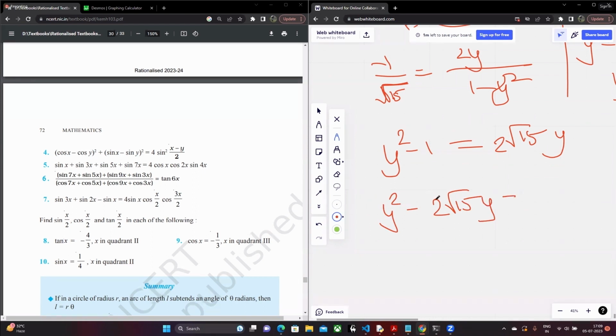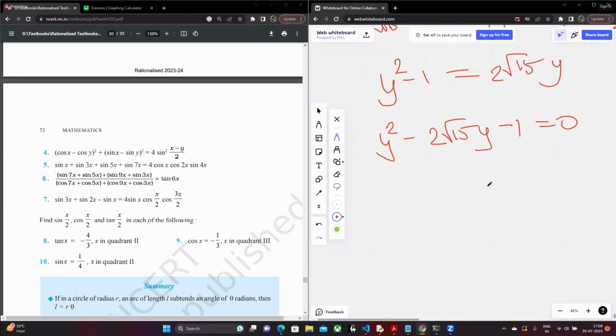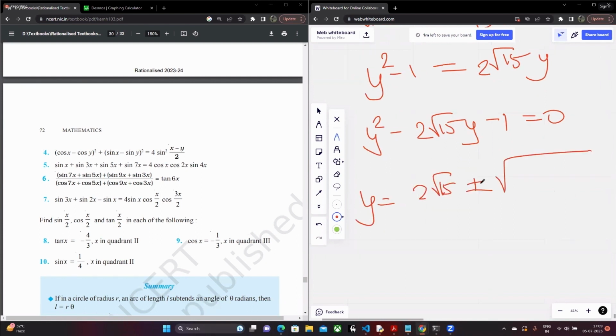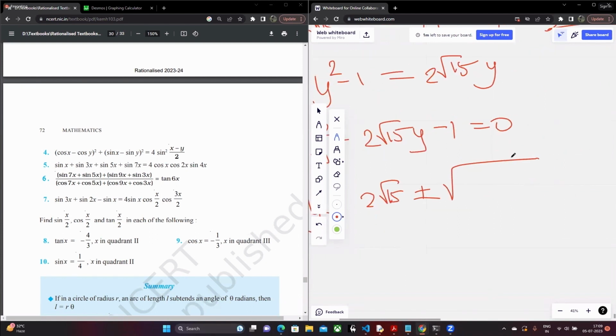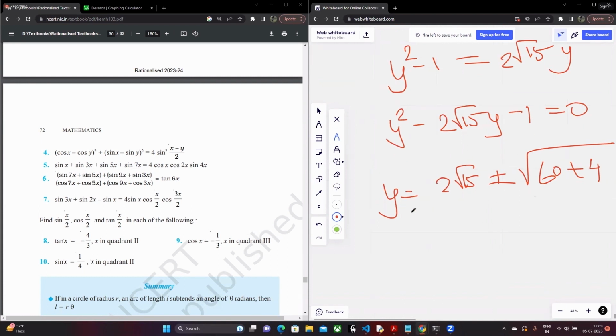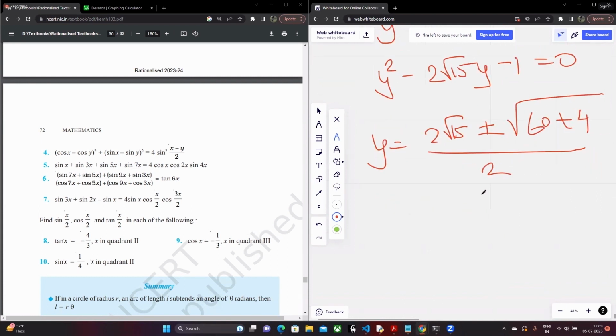Thus, y is equal to minus b plus or minus square root of b squared minus 4ac, where b squared is 60 and minus 4ac is plus 4 into 1 into 1, whole divided by 2, which is equal to 2 root 15 plus or minus 8 divided by 2, because 60 plus 4 is 64, and root 64 is 8.